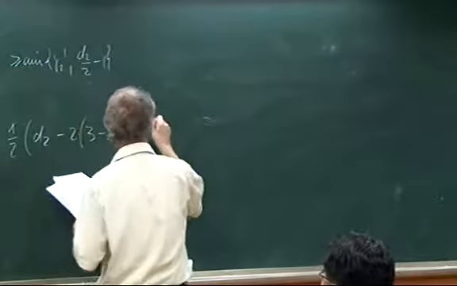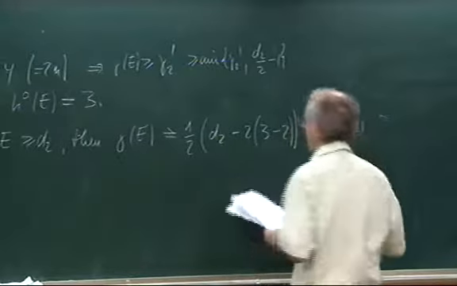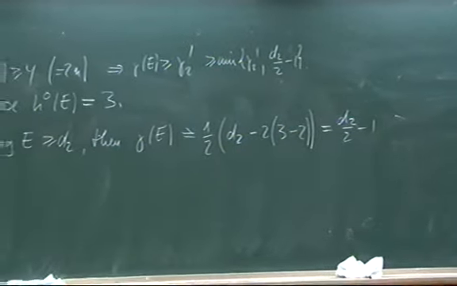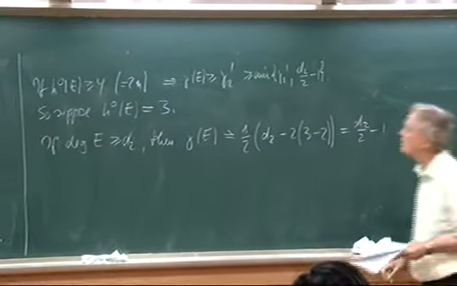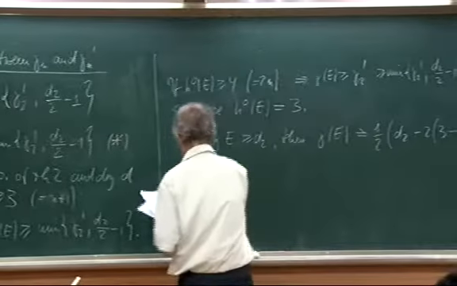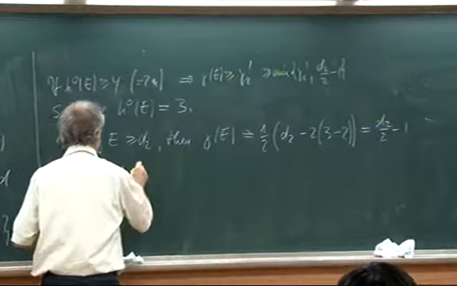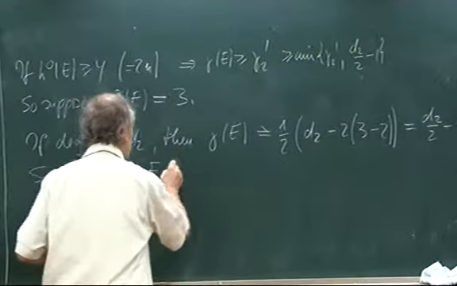So again we get D2 over 2 minus 1, what we want. Okay? So in this case we are already finished. So suppose degree E is less than D2.